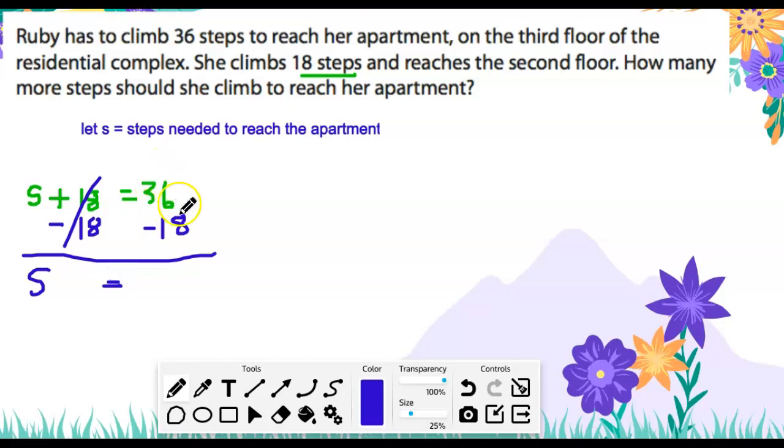And again, 36 minus 18, that's so obvious. But if you want to be crazy and think of positive 36 and negative 18, you're welcome to do so. So 36 minus 18 is 18. And what is that 18 now? This is more steps to reach the apartment. There you go. All right.